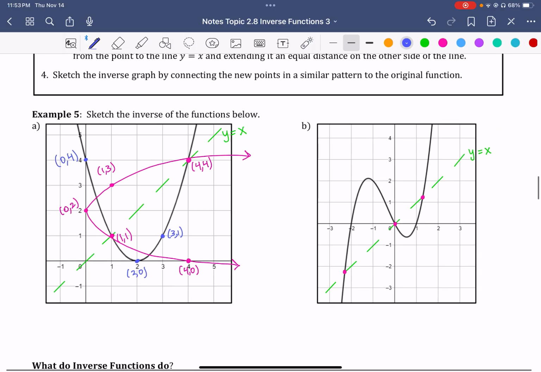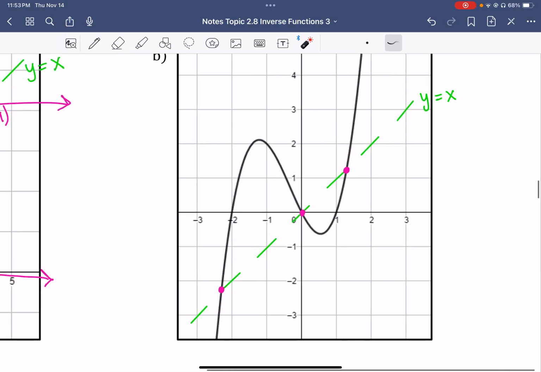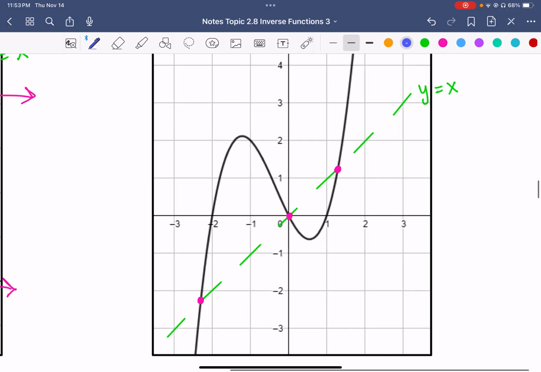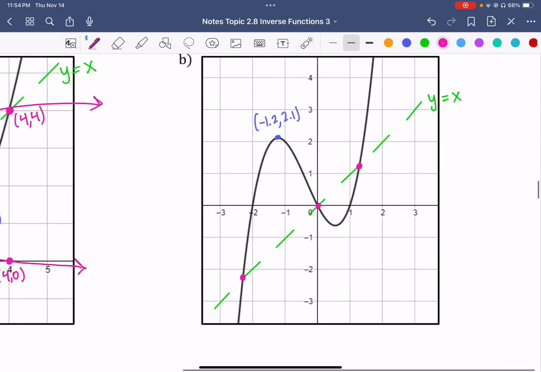Okay, now let's find some points. Now notice that on this one, we did grab the minimum value here. So whenever you have any minimums and maximums, you want to make sure to get those points so that you know where they're supposed to be. So for example, this point here approximately might be negative 1.2 and positive 2.1. That's just an approximation. It doesn't have to be perfect.